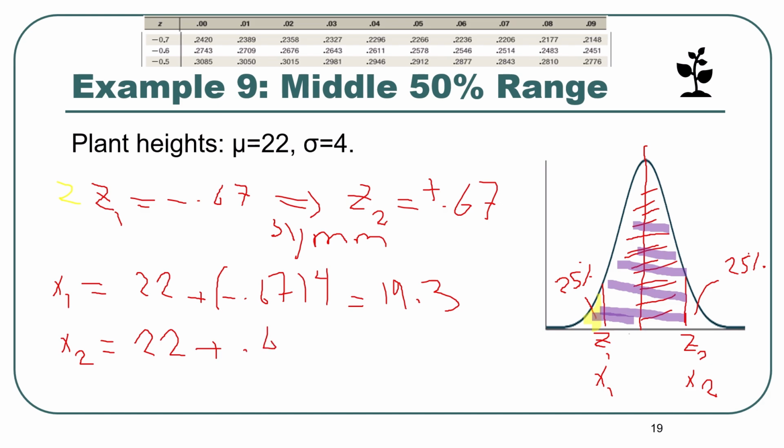So it's going to exceed my 22, of course. This is multiplied by the 4, and this will give me 24.7. So the middle 50% of plants fall between 19.3 centimeters and 24.7 centimeters.